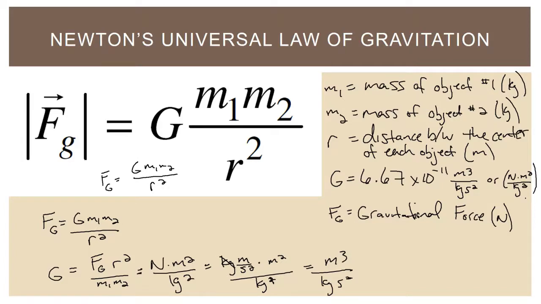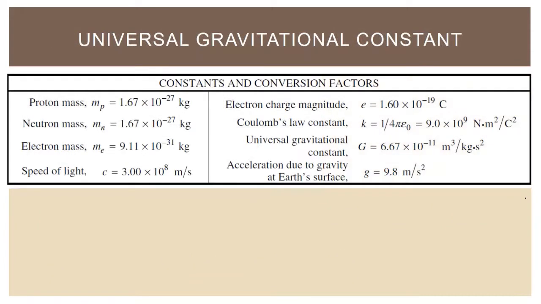I just want you to understand when you look at the reference table and you see the number and this monstrosity, you know that's why that unit is there. It's because in the unit newton meter squared per kilogram squared, they've decided to break down the newton by using Newton's second law to call a newton a kilogram meter per second squared.